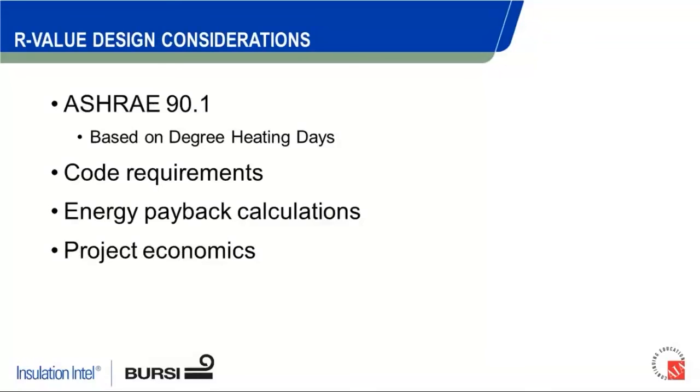Those values can be used not only to meet the code, obviously, but also in your energy calculations and your project economics, and to try to figure out if it's the minimum amount of insulation you want or more. And there's plenty of projects that do dictate more insulation. A good example of that, Jeff mentioned cold storage buildings earlier, and so that's a great example when you do want to have more insulation than a typical project.